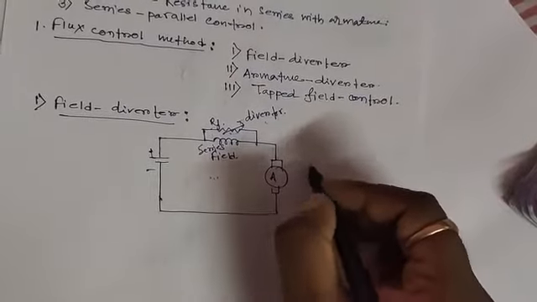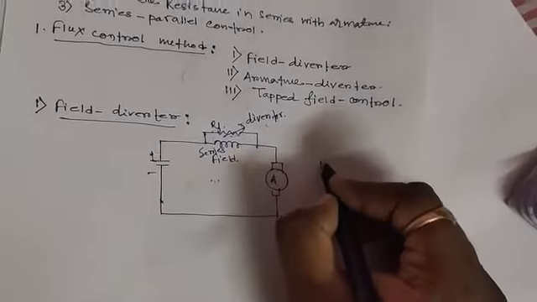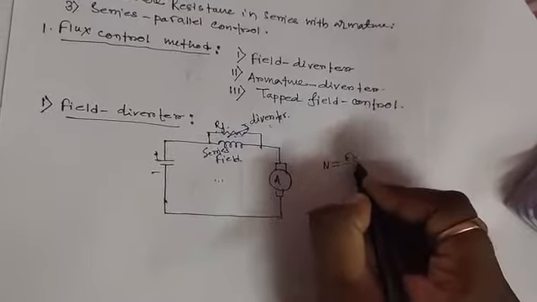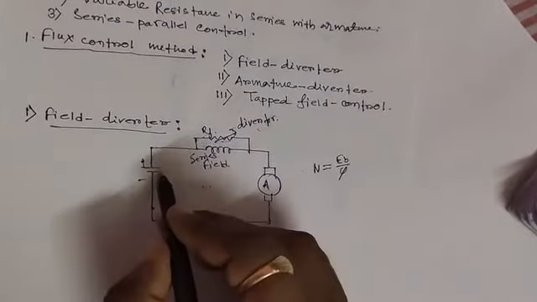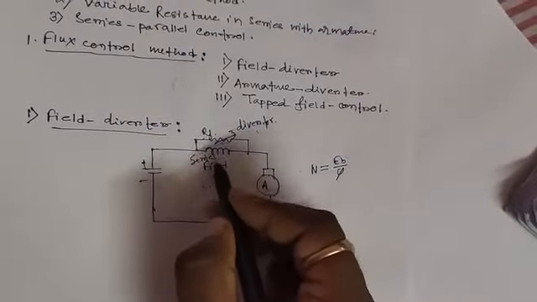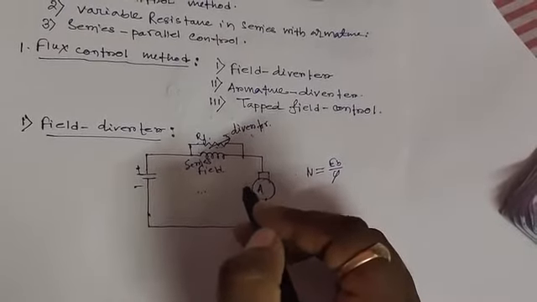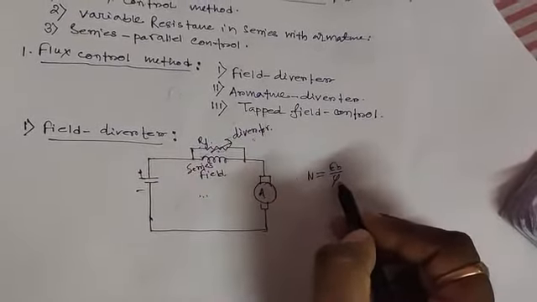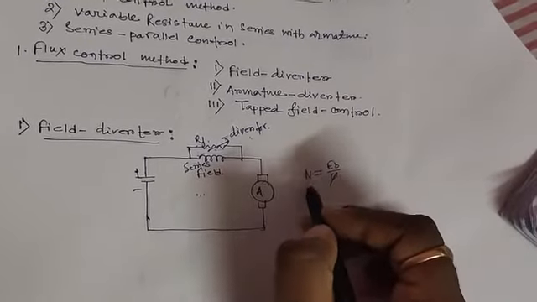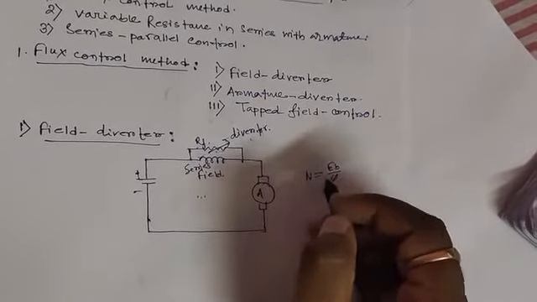We know speed N is equal to Eb by phi. When current through the series field decreases, the flux also decreases, so the speed increases.